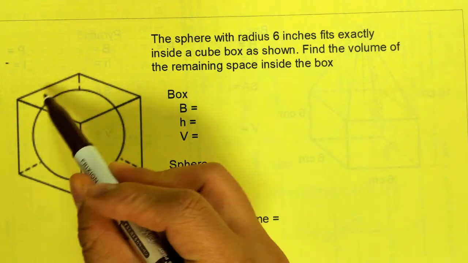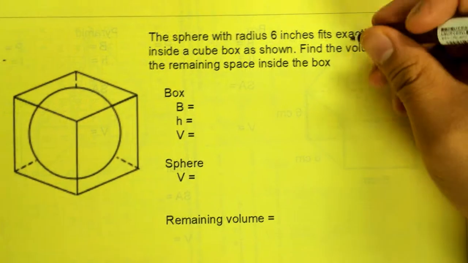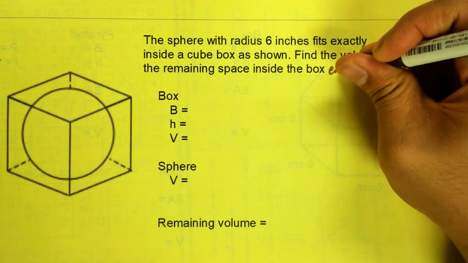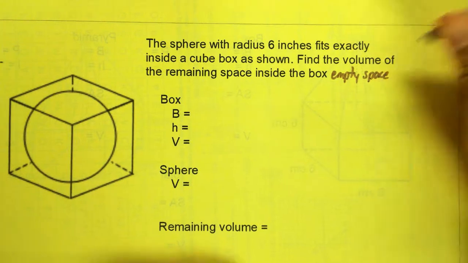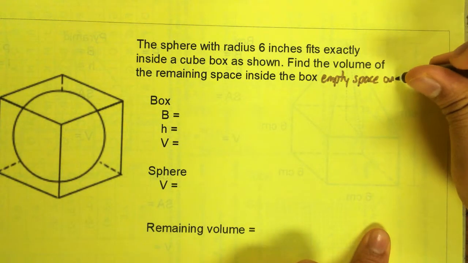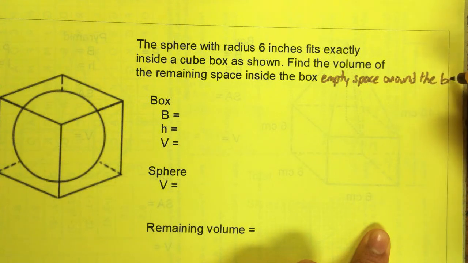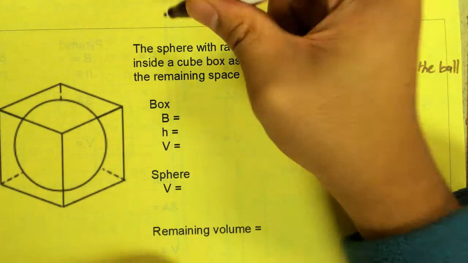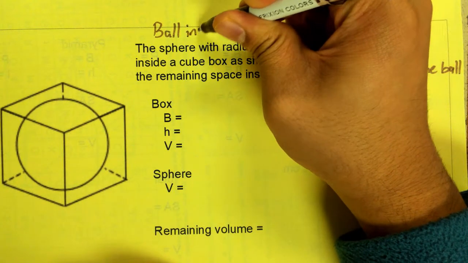Meaning, I want this empty space around the ball. So let me write that down. Empty space around the ball. In this problem we have a ball inside a box.